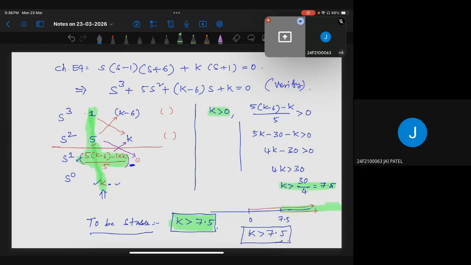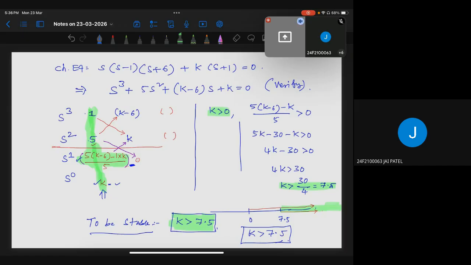It is not like you will be choosing the k value randomly. You want to choose the k value for the system to be stable. Is it clear? Any doubt? If you have any doubt, please ask me.